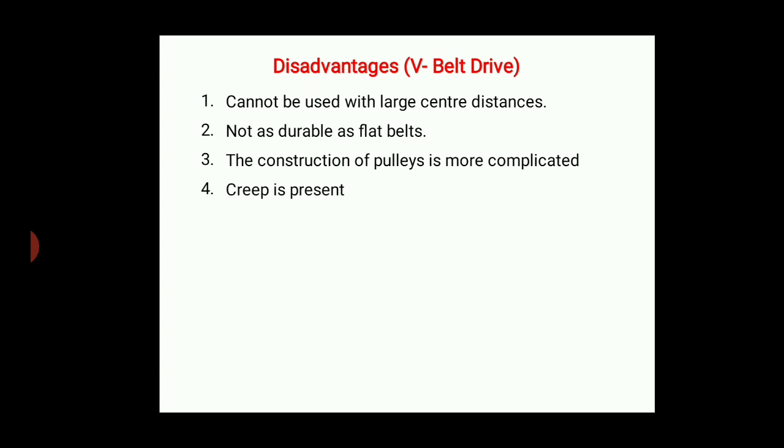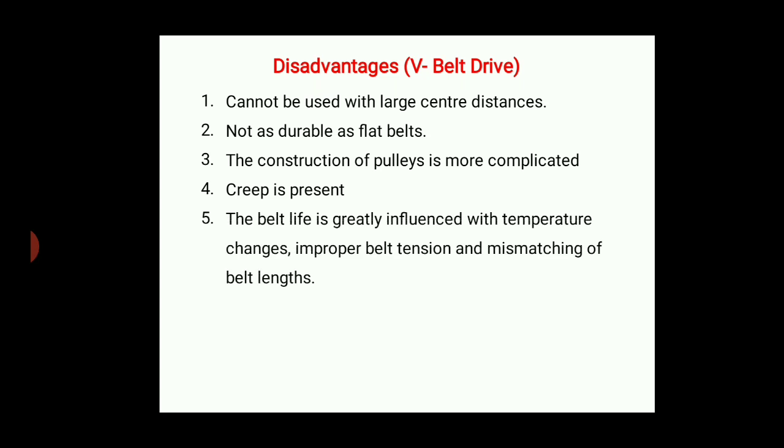Creep is present. We will discuss creep later. What is creep? But that is a problem with the belt drive system. The life is significantly influenced by temperature. As the temperature increases, and we had seen the material of the belt, it is enveloped inside rubber, as well as the internal part of the cross section of the belt also contains rubber.